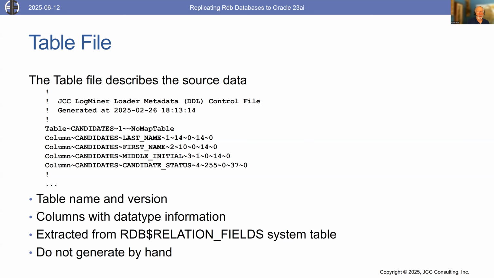The command procedure that we just executed extracts this information from the Rdb system table, RDB$RELATION_FIELDS. And we need this information to be able to understand the data we get from the Rdb LogMiner. You don't want to generate this by hand because it's going to be difficult to get correct. That's why we wrote a command procedure to do it.